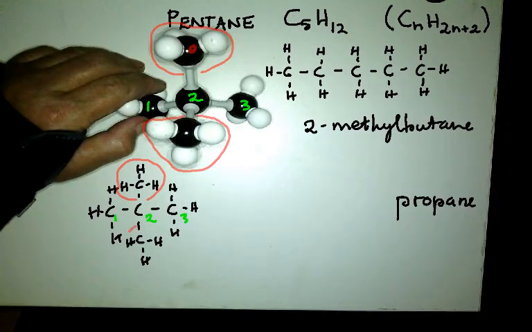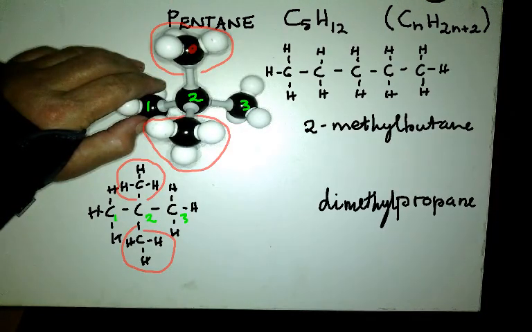Now if there are 2 methyls, the methyl changes to dimethyl. So it's dimethylpropane.